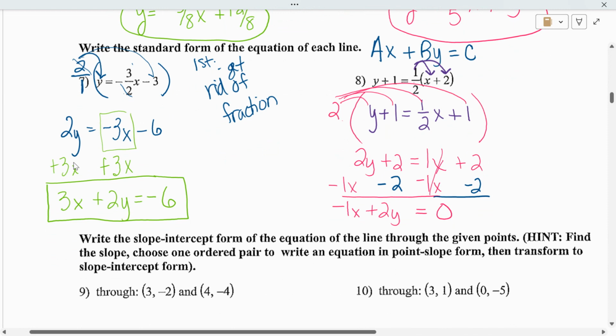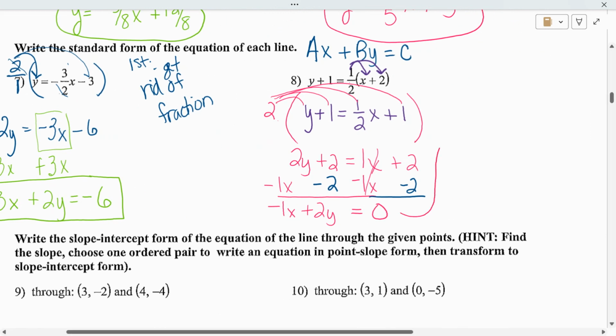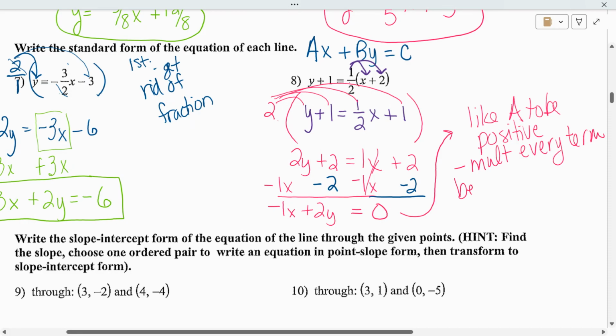Are we done? Is it in standard form? Remember that we would like A to be positive. How can I make A positive? I'm going to multiply every term by what? By negative 1. Yes, ma'am.